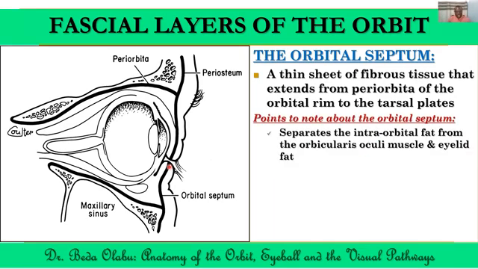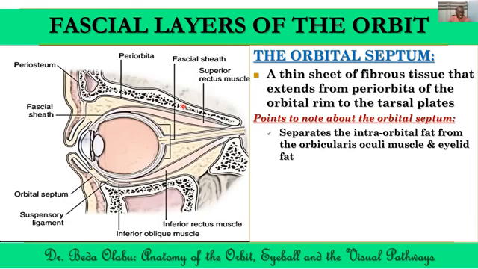Some points to note: the orbital septum separates the intraorbital fat from the orbicularis oculi muscle and the fat within the eyelid. Maybe this is a better image to illustrate that.